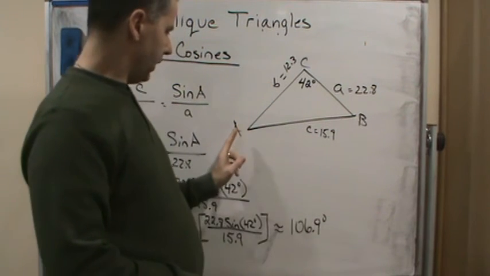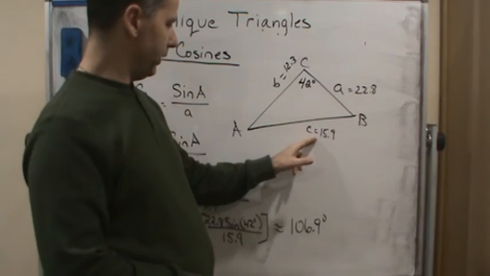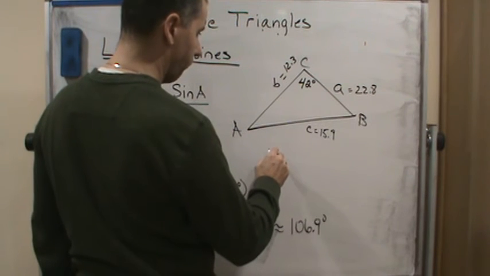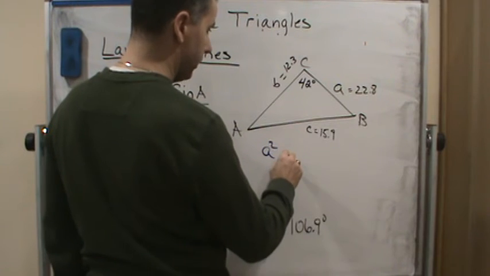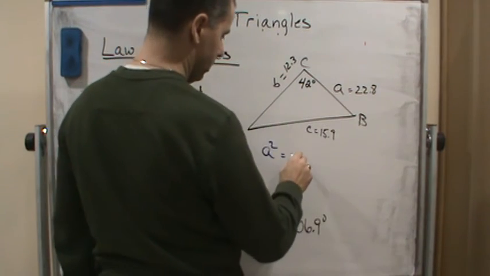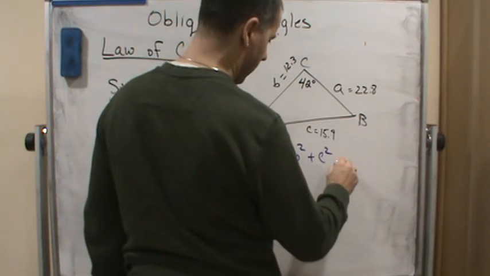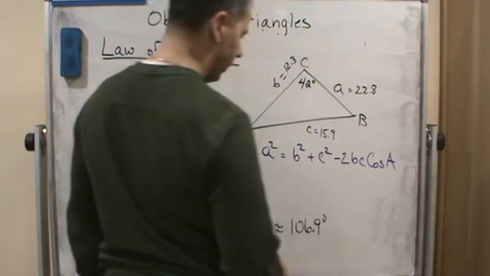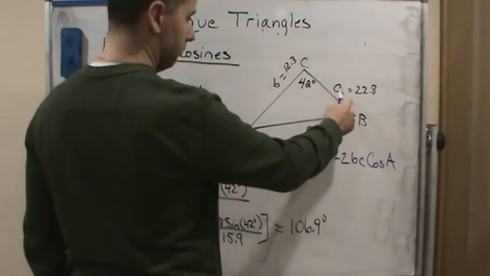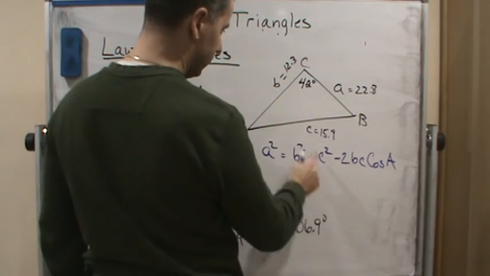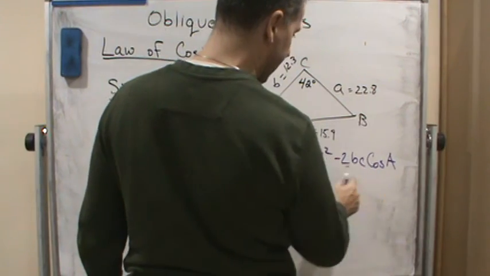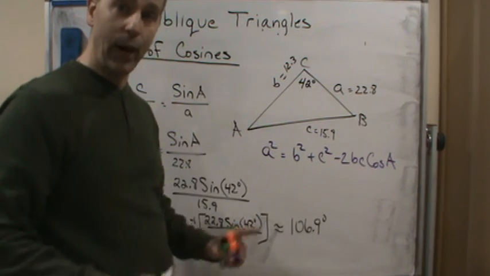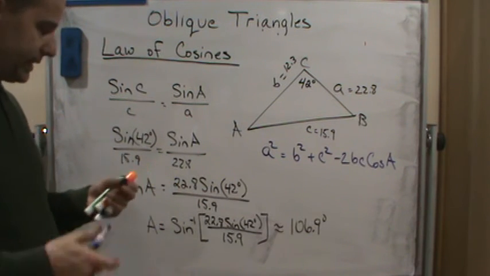So I can use these two and solve for this angle here, because then I would use, just so I show you, A squared equals B squared plus C squared minus 2BC cosine A. Well, I know A squared, I know A, I know B, I know C. The only thing I don't know is cosine A. So I could solve this for cosine A and then take inverse cosine of both sides and solve for A the same way. Okay? It's totally up to you. You'll get the same answer.